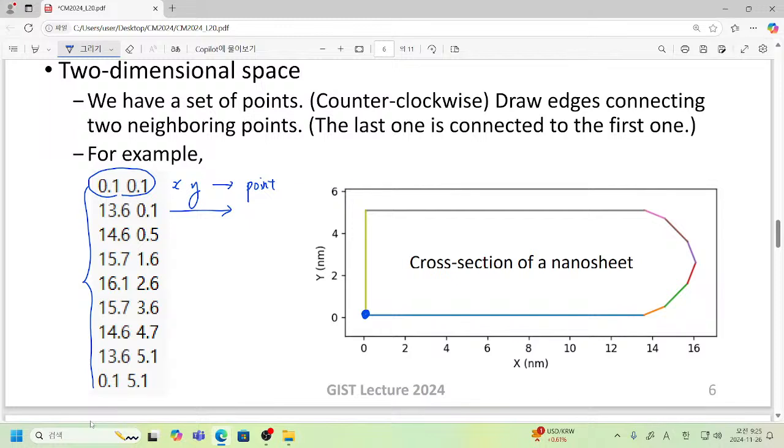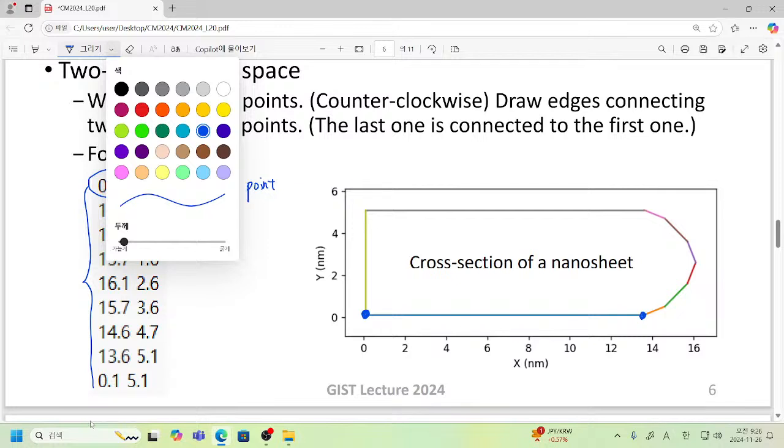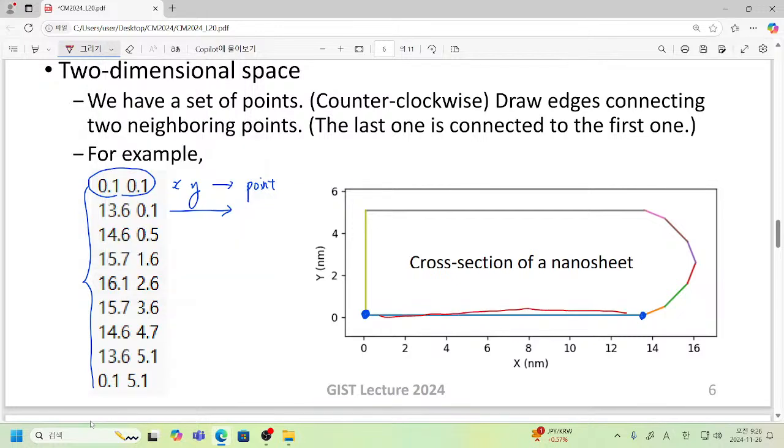Starting from point 1 comma 1, the starting point, we read the next line. It corresponds to 13.6, 0.1, so this corresponds to that point, and we draw a line segment starting from here and going to this one. And how about the next one? Next one we have this, and next.